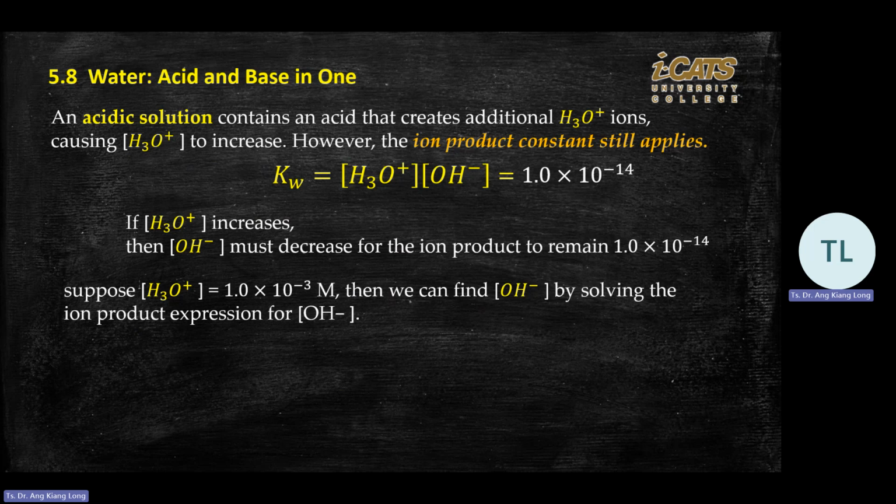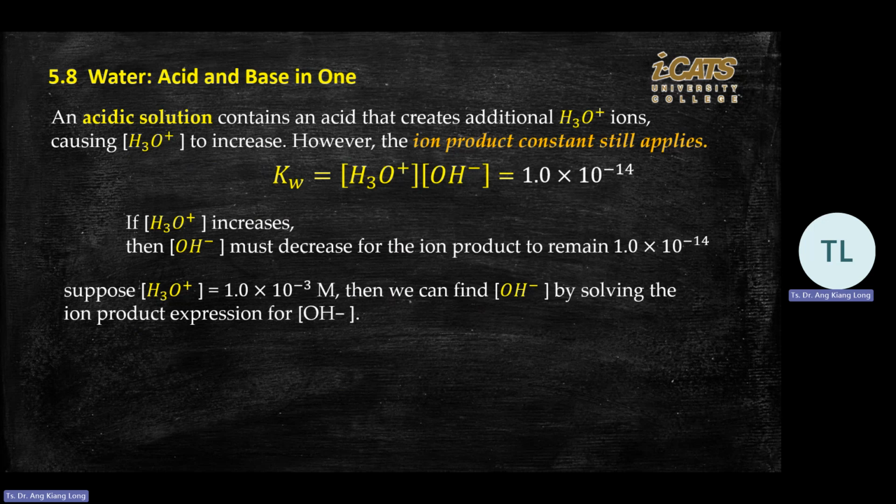This magic number is always minus 14, because if you look at the pH scale, it's from 1 to 14, with neutral in the center, 7. So the maximum for Kw is 10 power negative 14.